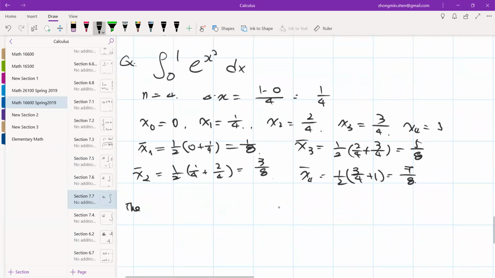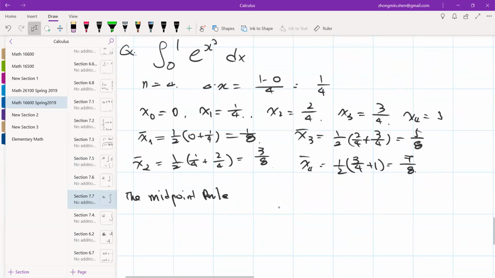So then I write down the formula. The midpoint rule gives you the estimate of this integral, and the computer can tell you which is better. So how do you write down the formula? It is going to be the sum for i from 1 to 4 of f of xi bar delta x.